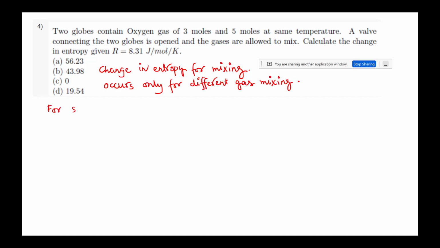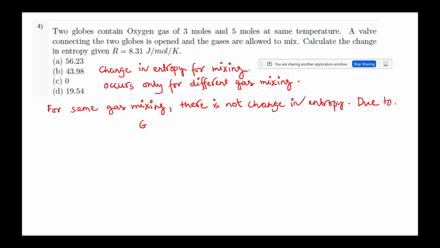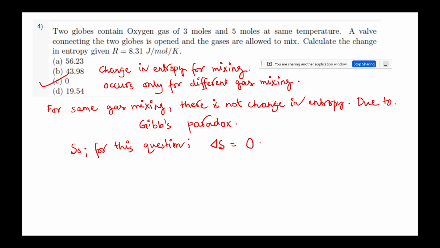For same gas mixing there is no change in entropy. So for this question delta S is 0. So option C is the correct option. The change in entropy for same gas mixing is 0.